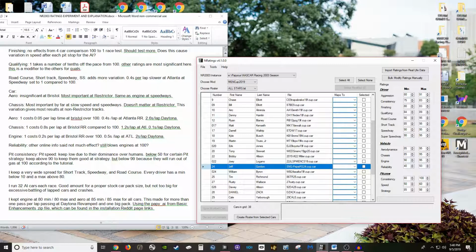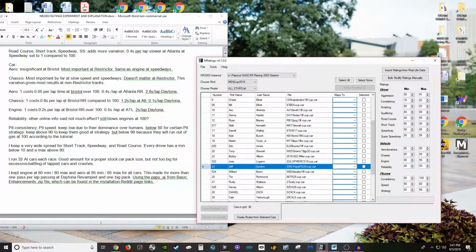So the engine is a huge factor. So it breaks down like this. If you're at Daytona and you pick your engine as a 1 on the rating, you're going to be 2 seconds a lap slower than someone who has chosen 100 for their engine rating, if that makes sense. If you're at Atlanta, if you put your engine on a 1, you're going to be half a second slower than another car that's at 100.